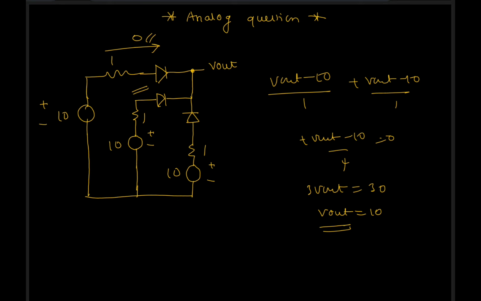The assumption that we made that it is on is correct, because there is no current. If reverse current were flowing, then we could say it is reverse biased. So the answer that I ticked was 10, and I hope this is correct, and if I am wrong you can correct me in the chats.